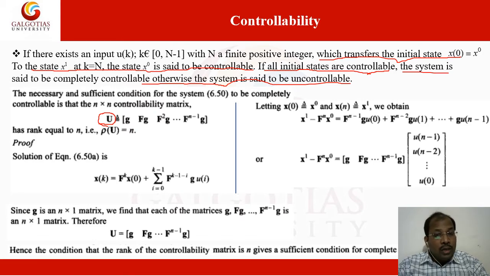If the rank of the U matrix is equal to the order of the system matrix F in the discrete domain, then all the system states are controllable.